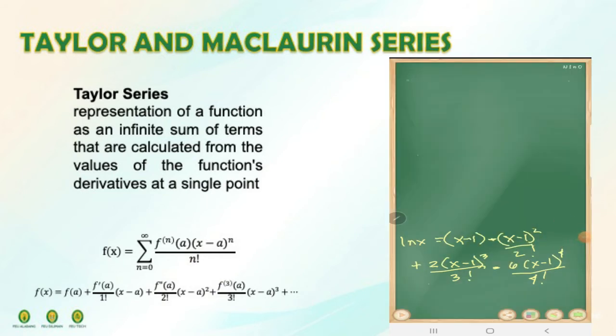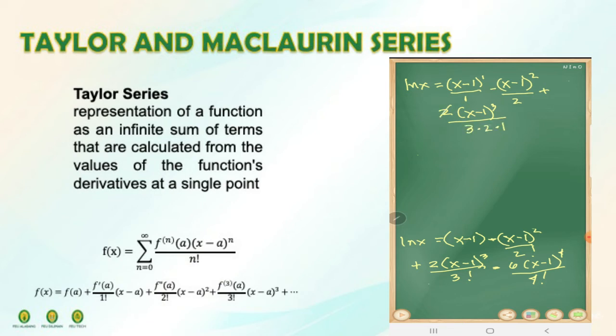So therefore, ln of x is equal to (x minus 1) raised to the first power over 1, minus (x minus 1) raised to the second power over 2 factorial, which is 2, plus 2 multiplied by (x minus 1) raised to the third power over 3 factorial, which is 3 times 2 times 1.